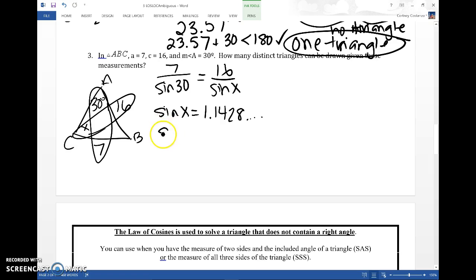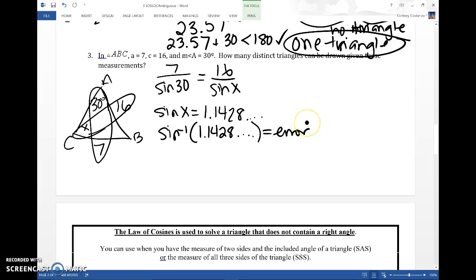Well, if I take the inverse sine of that, some of you who remember back to our trig days remember a unit circle can only have a maximum value for sine at 1. And since a maximum sine can only be 1, and this is greater than 1, if you type this in your calculator the way it looks right now, it'll pop up as an error.